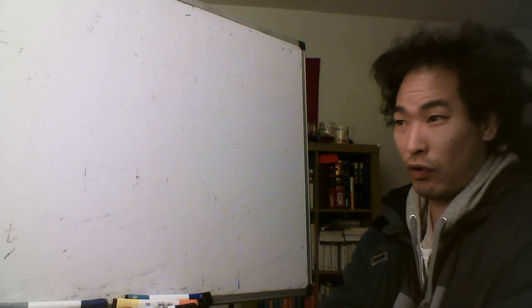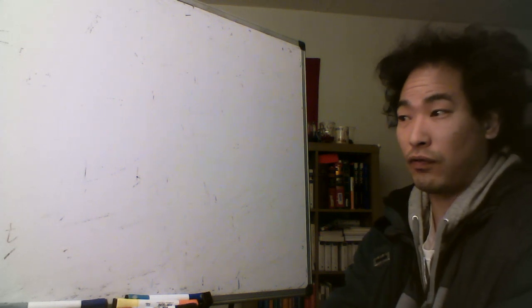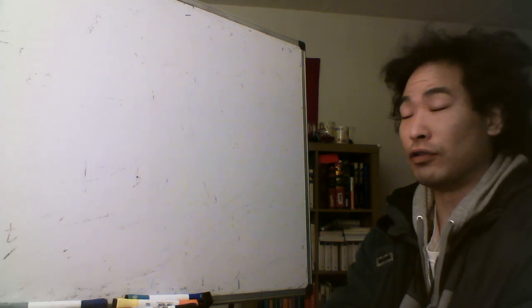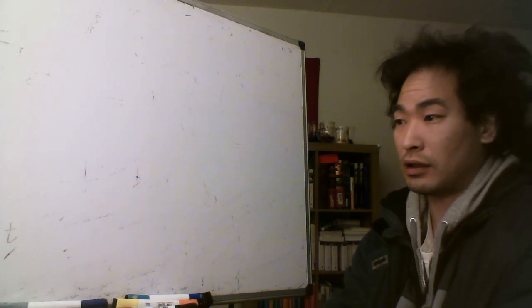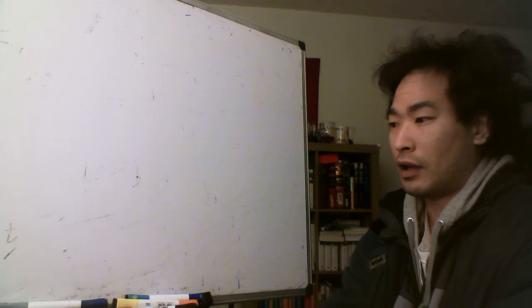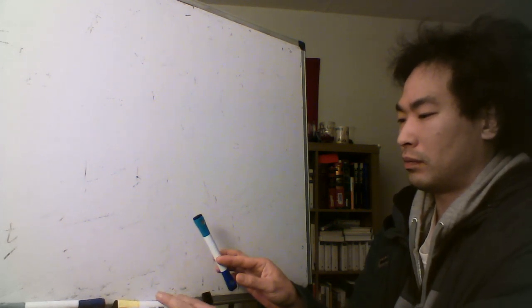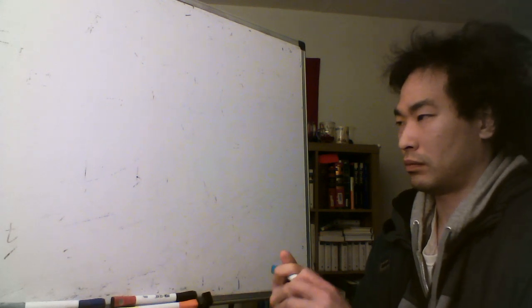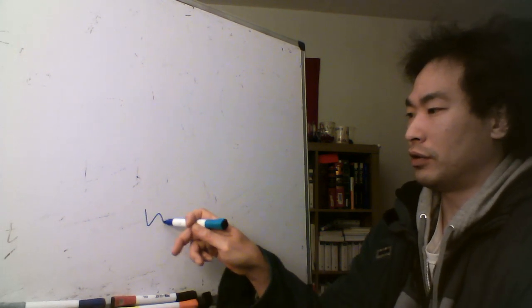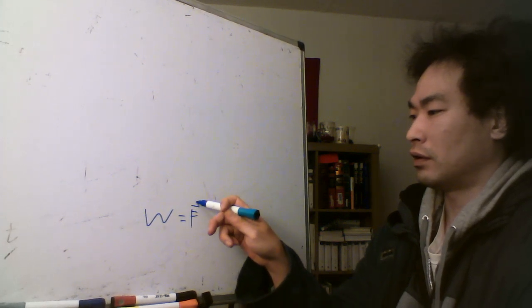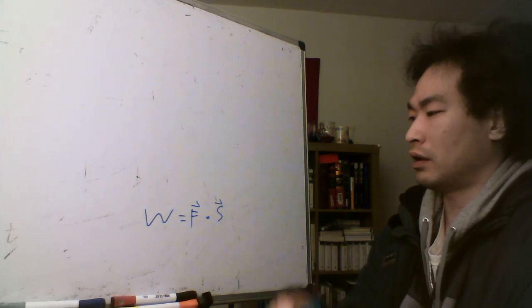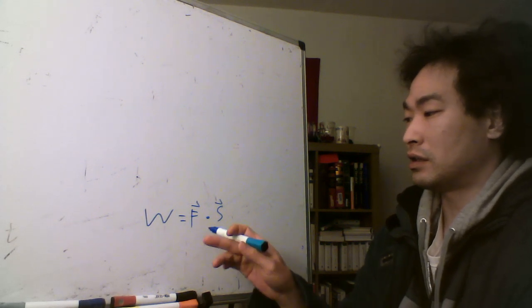The easiest way to think about that is this. Let's say there's this force. What is force in humanology? Yes, a force field, the influence of some ideology. We're going to write it down. W is equal to F dot product S. Can this be negative?